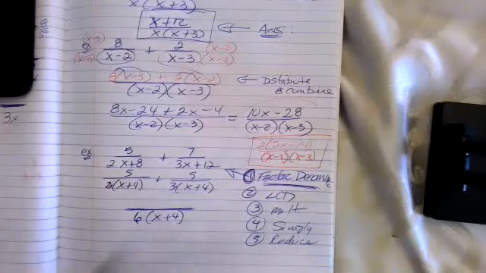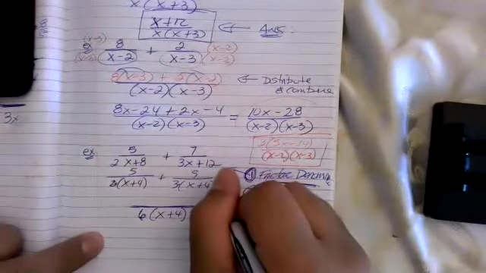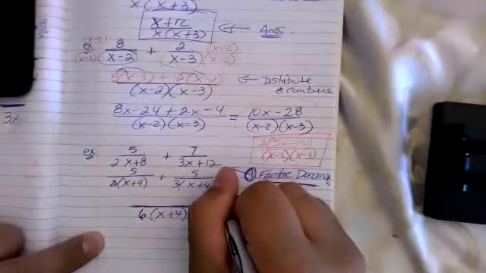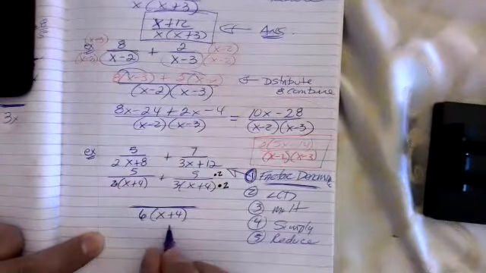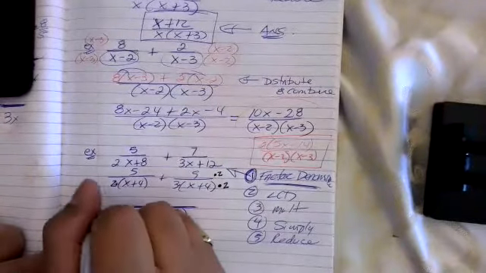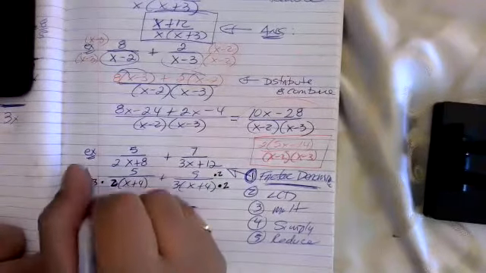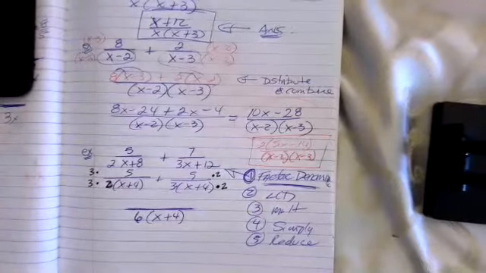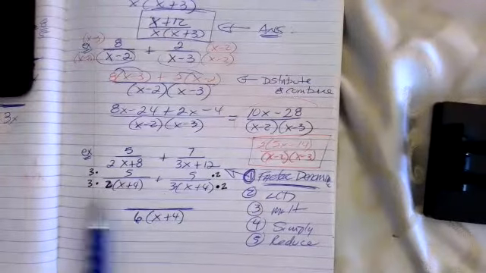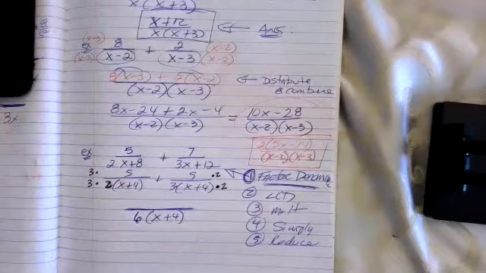So in this case, all I have to do is multiply the numerator and denominator. I need this one multiplied by a 2 in order to get the 6, and I have to multiply this one by a 3. Then I would have like denominators. This would give me 6 times x plus 4, and this would give me 6 times x plus 4. That's my LCD.